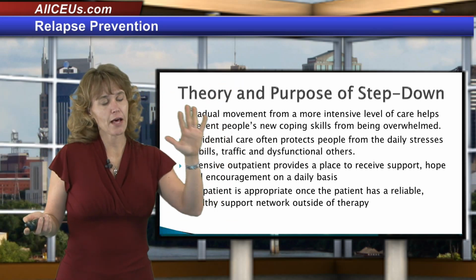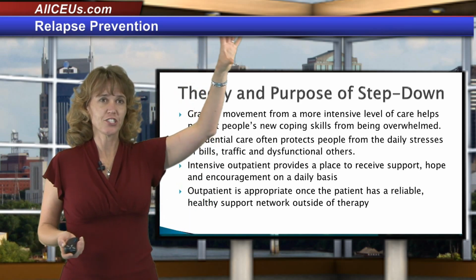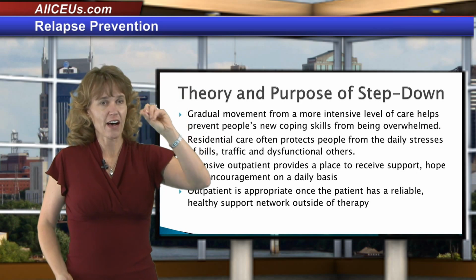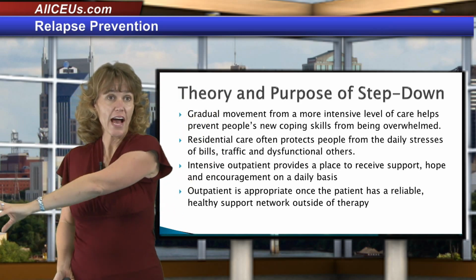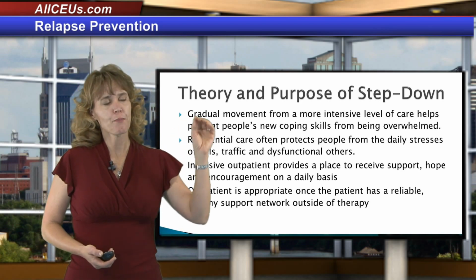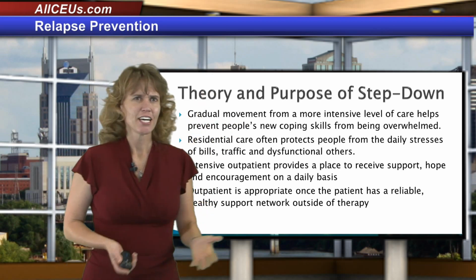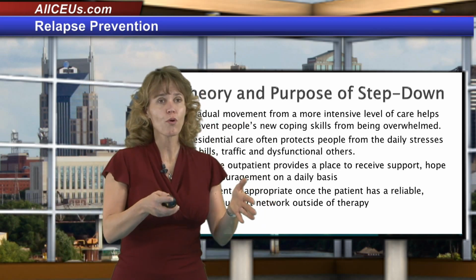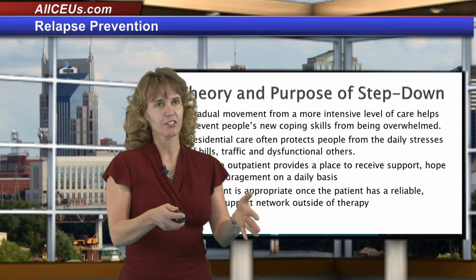So helping people step down their level of structure gradually from residential to 5-day-a-week IOP to 4 to 3 to aftercare, and it can go pretty quickly, but it's important to gradually step them down, since we know from the last slide that they've already only identified 25% or less of their relapse warning signs and triggers.